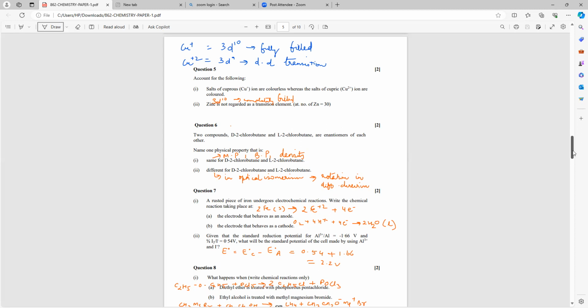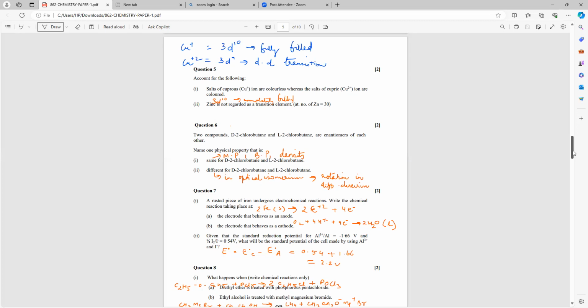Then it says, given the standard reduction potentials, what will be the standard potential of the cell? Now here, children, you have to pay attention that if they are asking to calculate the EMF of the cell, and the concentrations are given in the question which are different for both, then we will use the Nernst equation. But here they have given the reduction potential and they are asking for the standard.